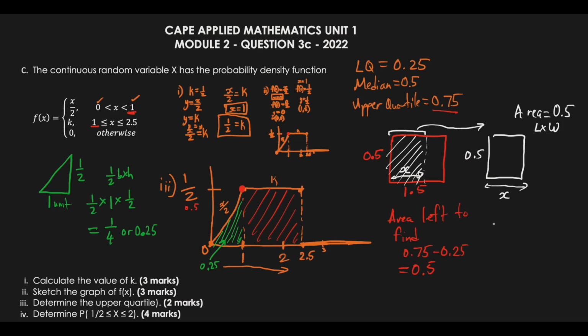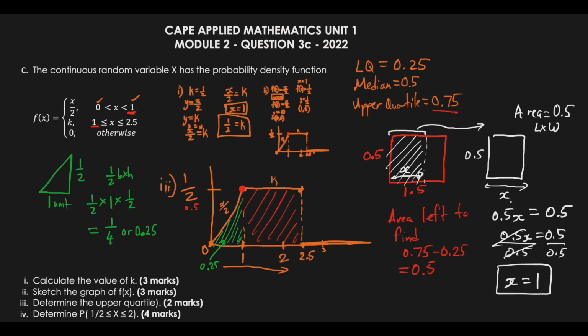So in this case, we say 0.5 times x is equal to 0.5. In order to get x by itself, we need to divide both sides by 0.5. So x is left with 0.5 divided by 0.5, which is 1. So the value of x is 1.